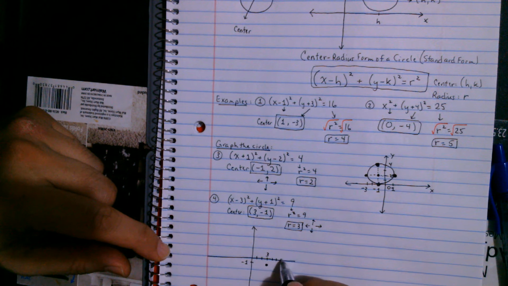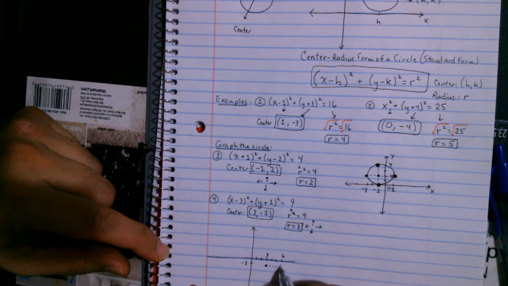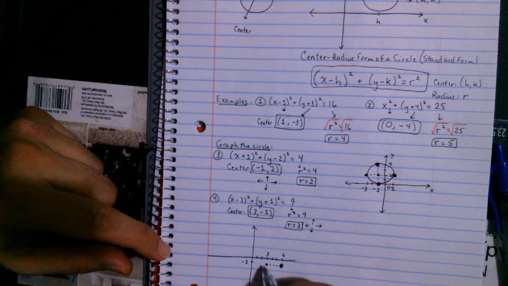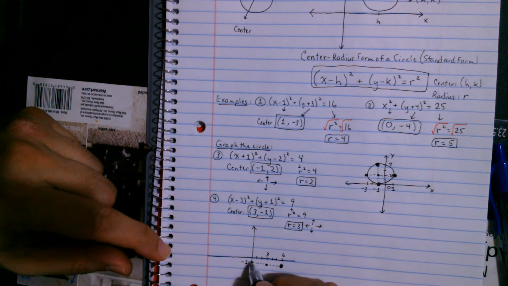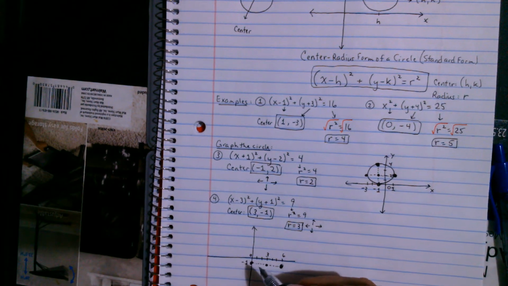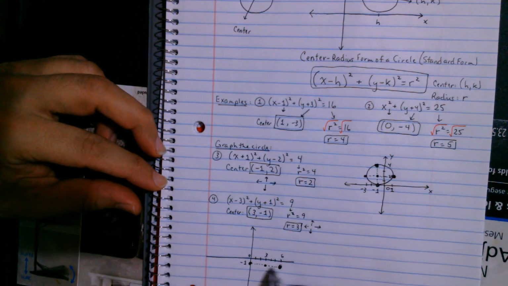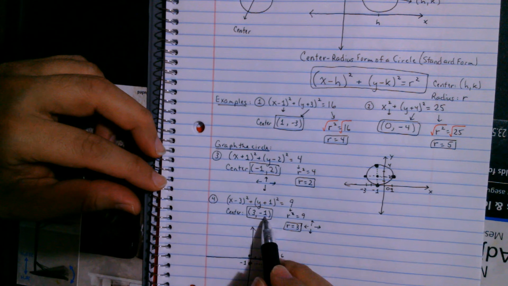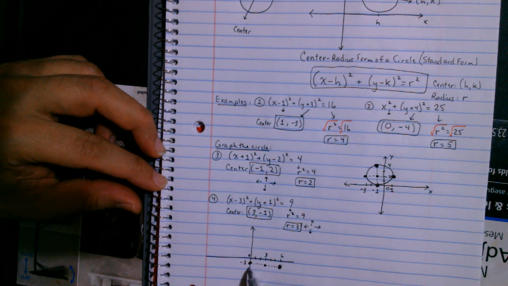So I go right. I go left. Right 3, left 3. Then the -1 is the y value. We're going to go down 3 units. Down 1, 2, 3. Puts me down at -4, roughly.